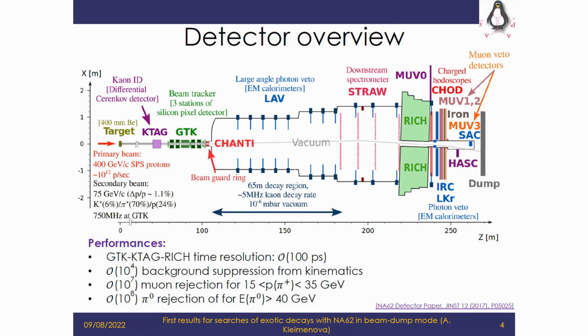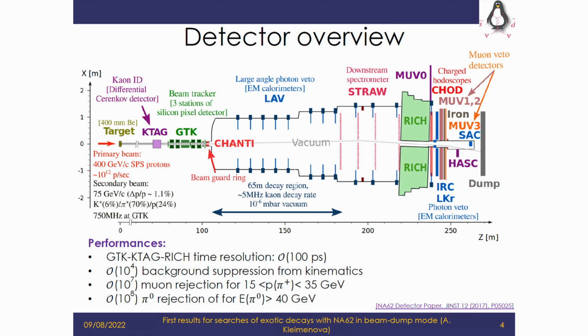So the decay products are then measured in the straw spectrometer and identified by the RICH detector, the LKr calorimeter, and we also have MUV veto detectors which are placed at the end of the beam line. Important to notice here that the vacuum tank is surrounded by the large angle veto detector, which we call LAV.